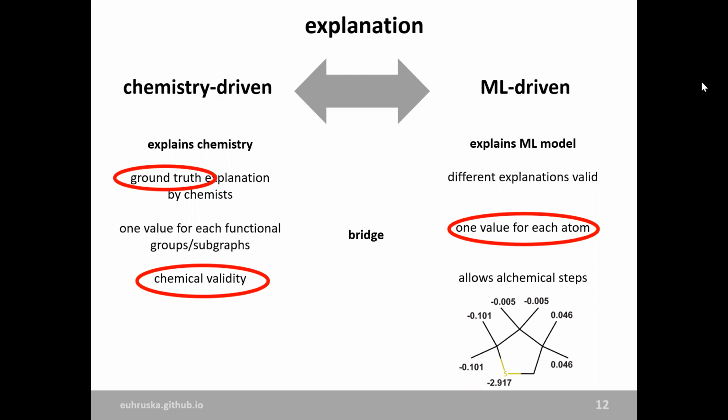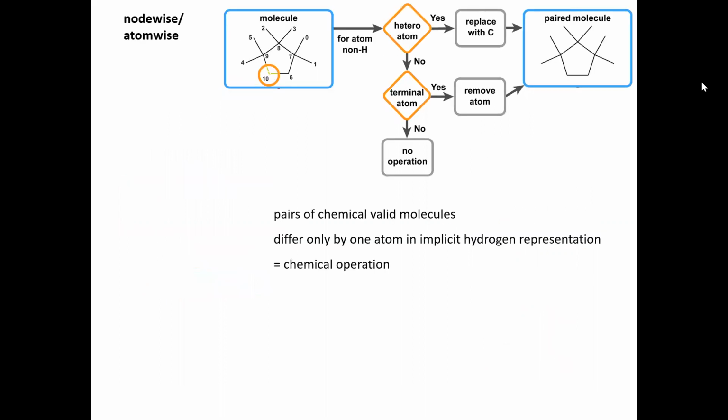I would not allow any alchemical steps in between, but also, in difference to the chemistry approach, get exactly one value for each atom. In chemistry, frequently there is one value for a whole subgraph or functional group, and here I am specifically always giving one value for each atom or node edge.